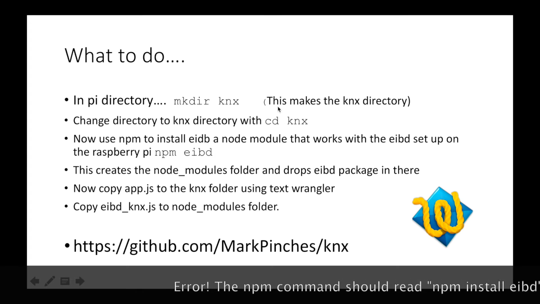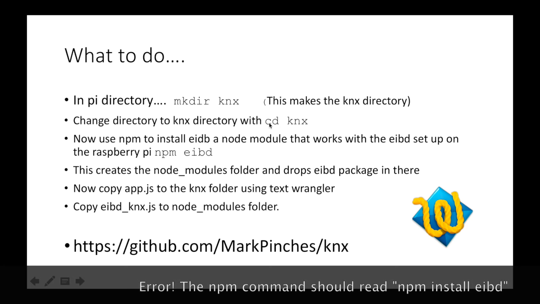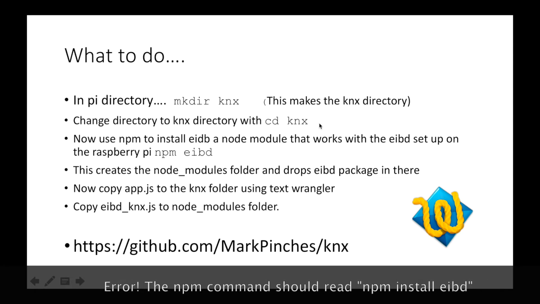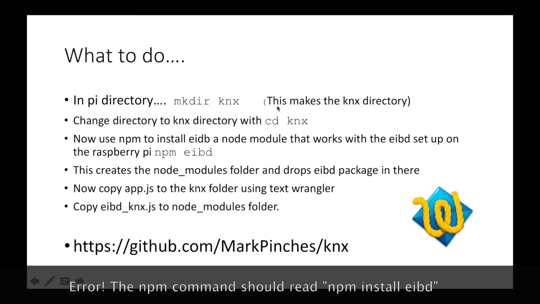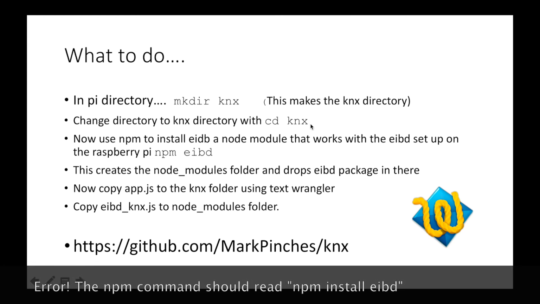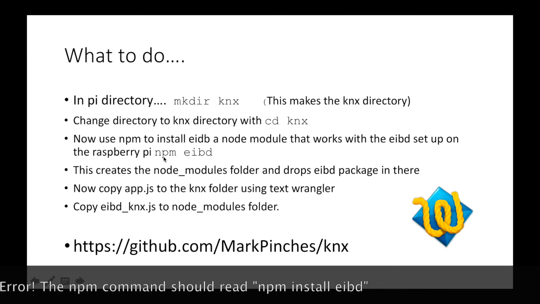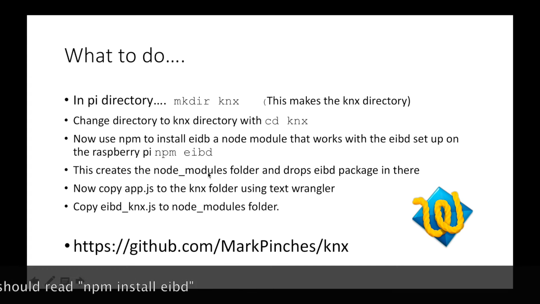I should just mention that the different font here shows the commands that you will type into the terminal. So this makes the directory, this moves into the directory, and then we're going to install our first module, EIBD, on the Raspberry Pi using the command npm install EIBD, and that will create the node_modules folder in the KNX folder and put the EIBD package in there.